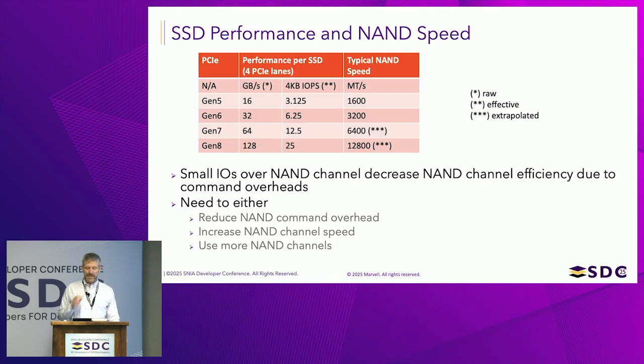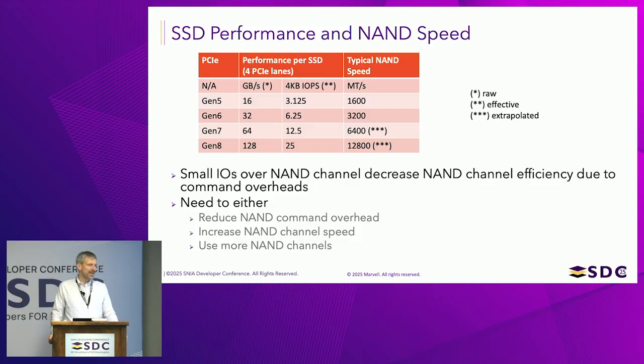The NAND speed for Gen 5 drives was typically 1,600 mega transfers per second. Gen 6 is about 3,200 mega transfers per second. So as the host performance doubles, the NAND speed also doubles, so that the throughput of the host and NAND are matched to each other.